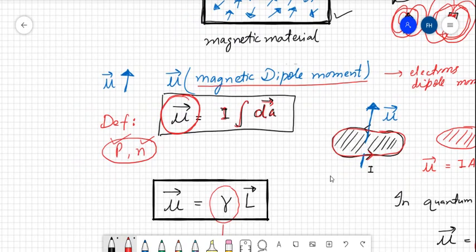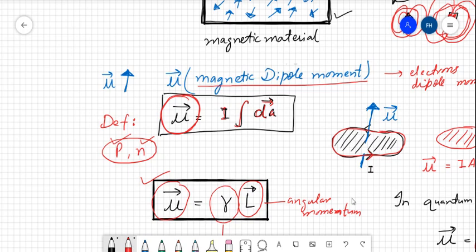That is given by this equation: mu, the magnetic dipole moment, equals gamma times L, the angular momentum. This relates the angular momentum with the dipole moment.